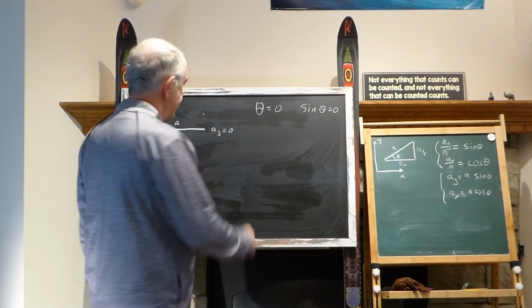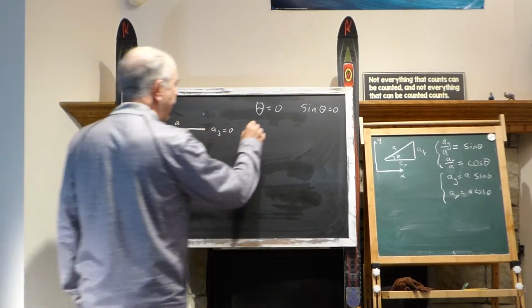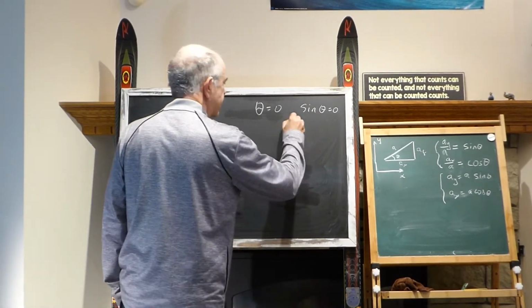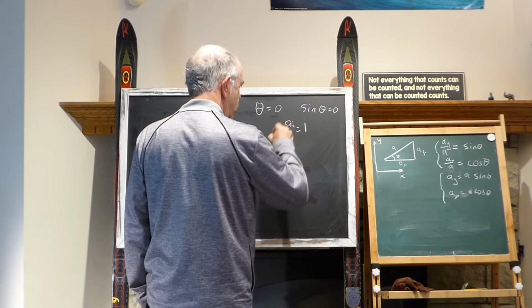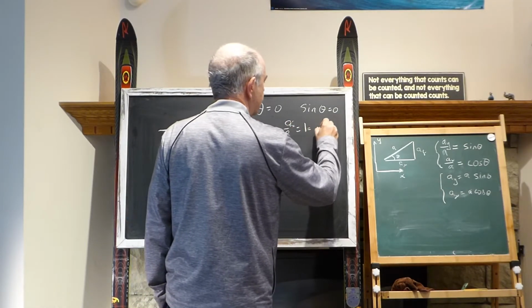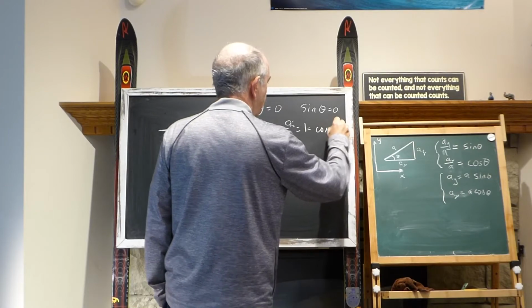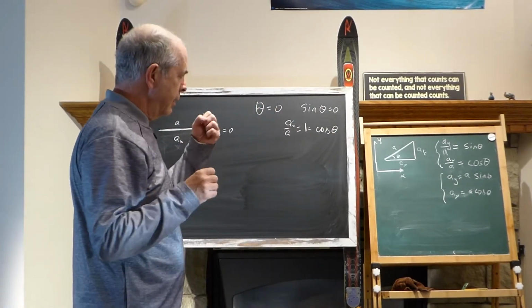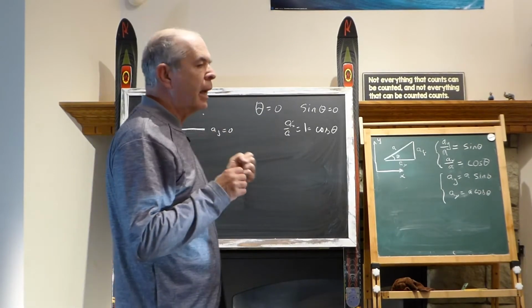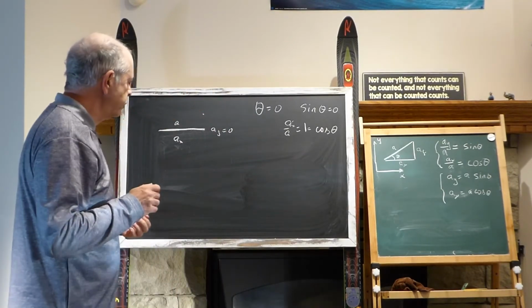Likewise, AX equals A, so AX over A is 1, because those are the same, and this is cosine theta. So immediately we know what sine and cosine of 0 degrees are.